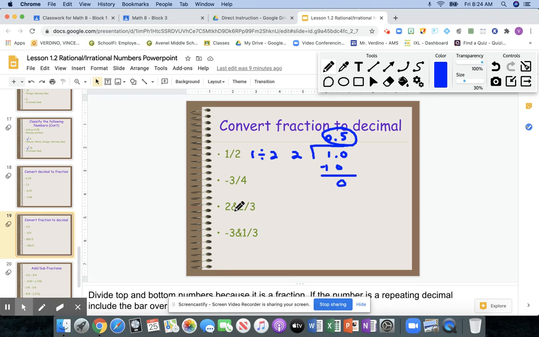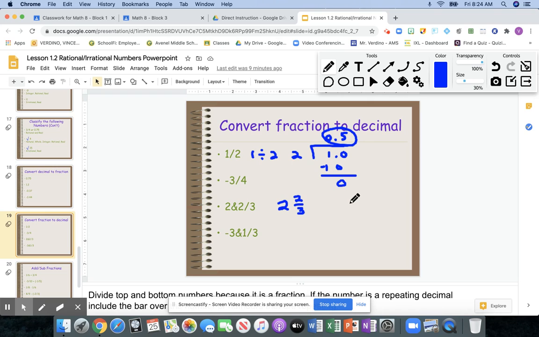All right, now let's look at a mixed number. So you have 2 2/3. Two ways I can look at this. You can either convert it to an improper fraction and divide top and bottom, or you could separate these into halves, okay? You have 2 as a whole number. You don't have to convert anything, but you have 2/3 here.